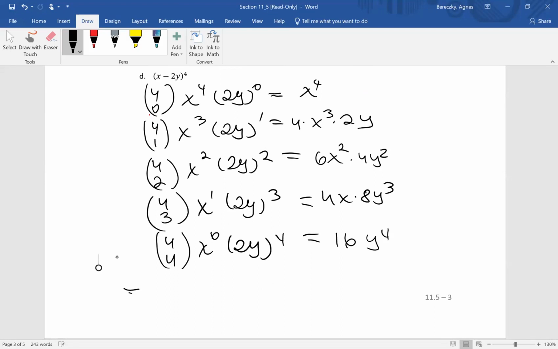So putting it together, we will have x to the fourth. Remember, it was a minus. So we're going to alternate the signs. Minus 8x cubed y. So from here, this one 4 times 2, that's how I got the 8, plus we will have 24x squared y squared.